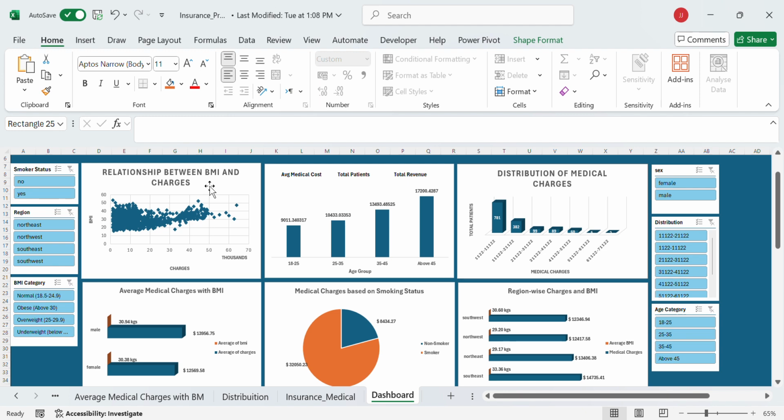Now coming to the second one, which tells us about the age group. Age group is about the different types of age groups, as we see 18 to 25, which is after the teenage, then goes on up to above 45. Above 45 evidently has the highest cost. This is mostly due to their illness or any other metrics that might be affecting these areas.